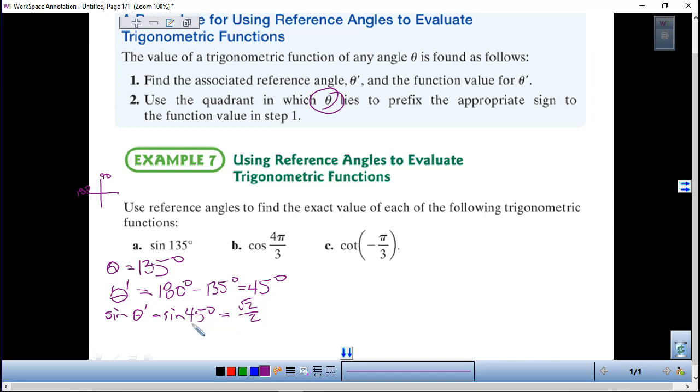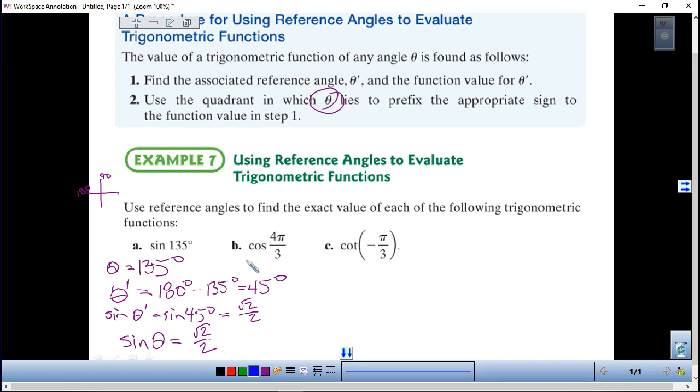Are the sine values positive or negative? Well, sine, remember, is your y value, and here the y value is still above the x-axis, so it's still going to be positive. So the sine of theta, not theta prime, is also square root of 2 over 2. So we don't have a sign change there. It doesn't change to a negative.